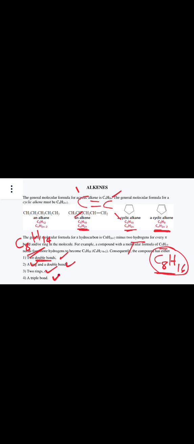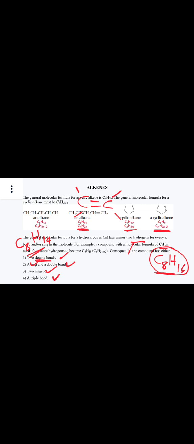Now, that's the point that I wanted to bring home. So with that in mind, I can give you a molecular formula and ask you to draw the isomers within.